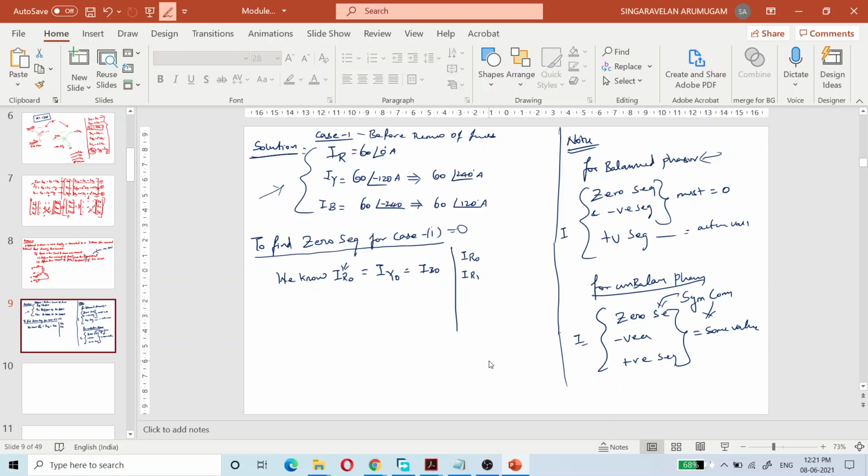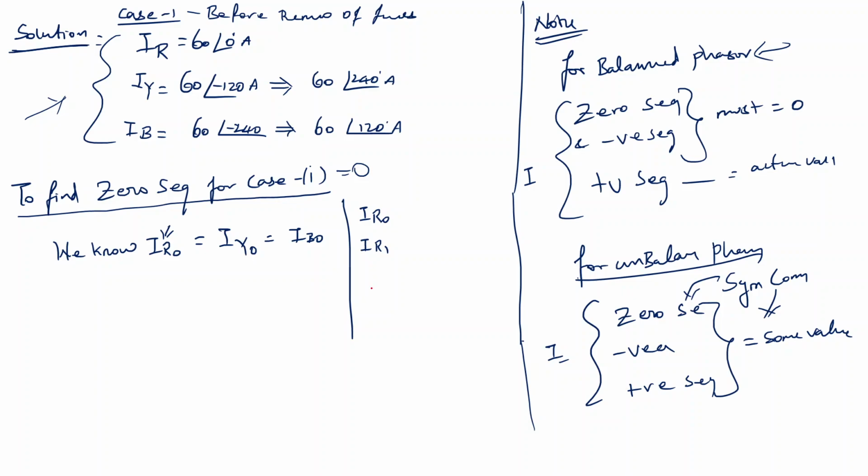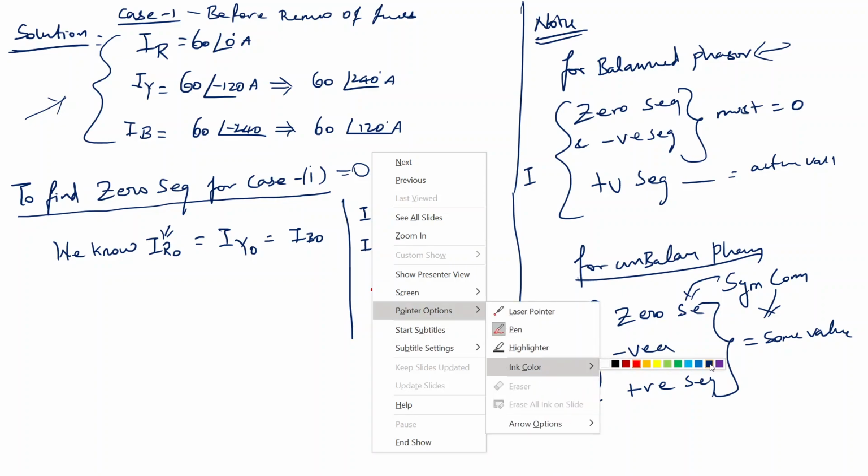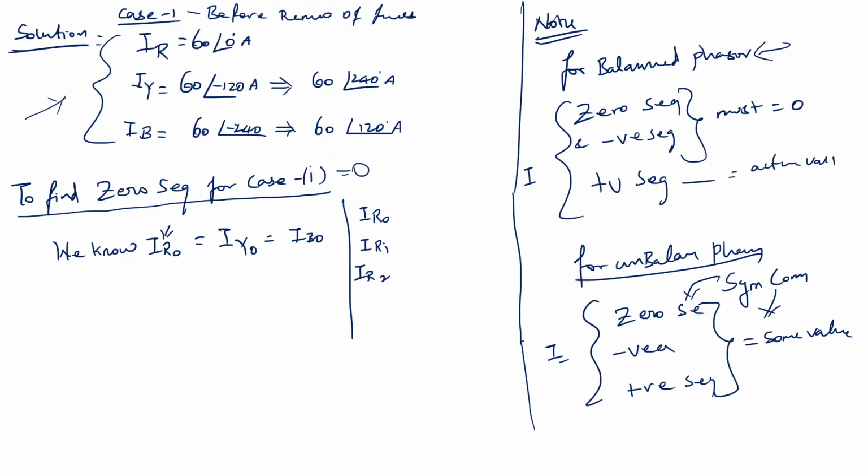So also we know that matrix. I will write it small because I don't have space. The matrix of I0, I1, I2 is equal to one third times the matrix with rows 1 1 1, 1 alpha alpha square, and 1 alpha square alpha, multiplied by IR, IY and IB.